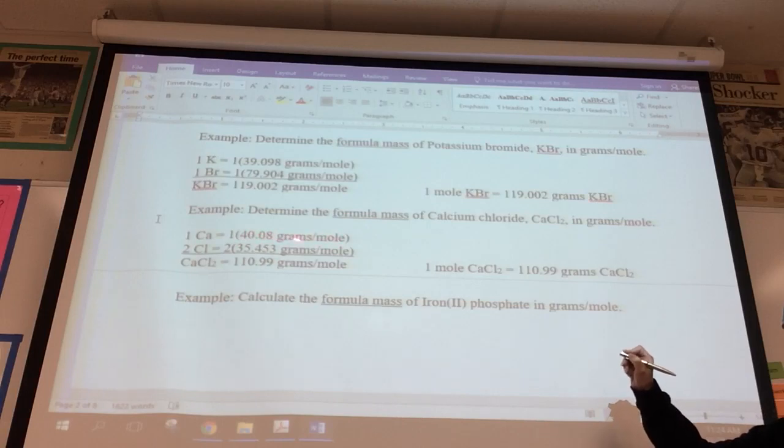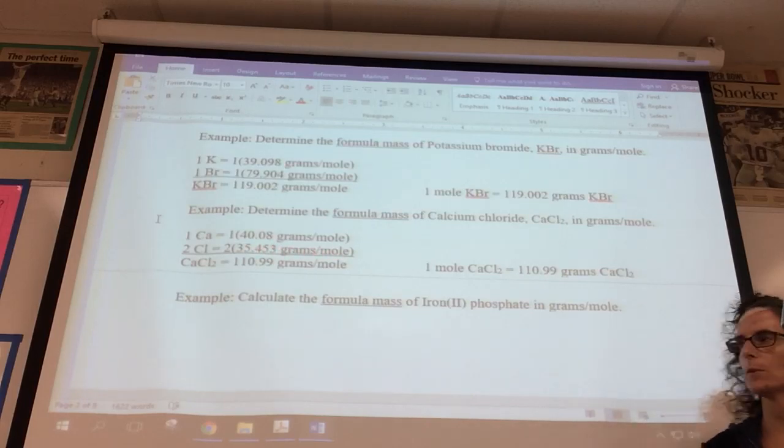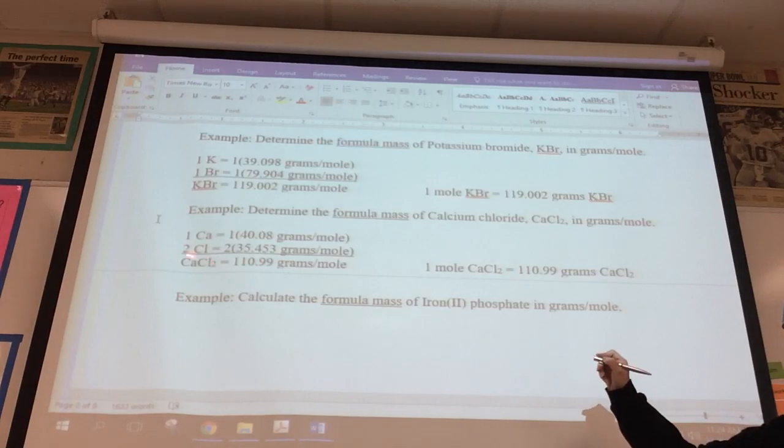This is the molar mass of 1 calcium off the periodic table. This is the molar mass of 1 chlorine off the periodic table. To calculate the formula mass then, you have 1 times 40.08 plus 2 times 35.453 is 110.99 grams per mole. And you'll see the 2 decimal places here, and I maintain 2 decimal places here.